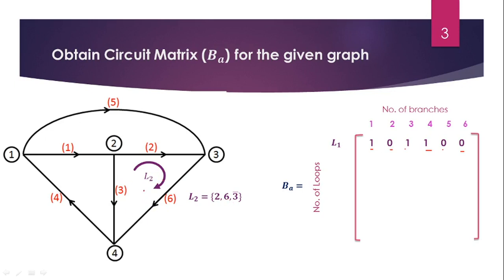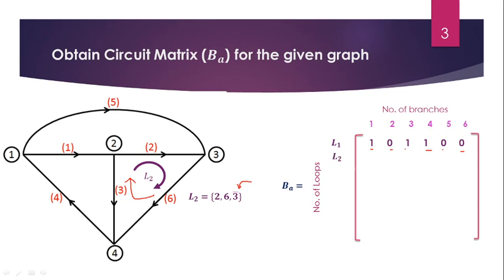Branch 3 and loop 2 have the opposite direction, so for branch 3 we have to take -1. For our understanding I put a bar on 3, which indicates the value related to branch 3 and loop 2 should be -1. So how can we put the element values in the matrix?